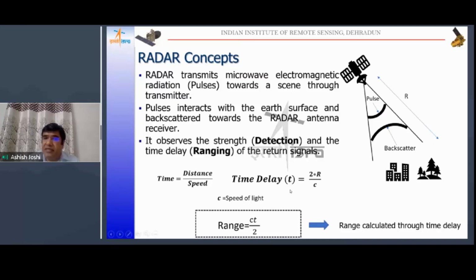So the formula is time delay equals 2R by c. So the range can be calculated as cT by 2. This is the range formula which we can get from the radar. So range is calculated through the time delay. This is the first basic concept, that the range can be calculated through the time delay, which is the time between the transmission and the reception.